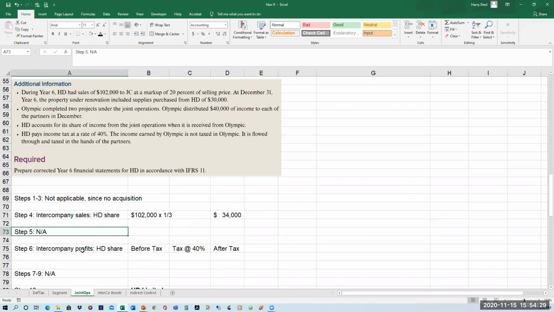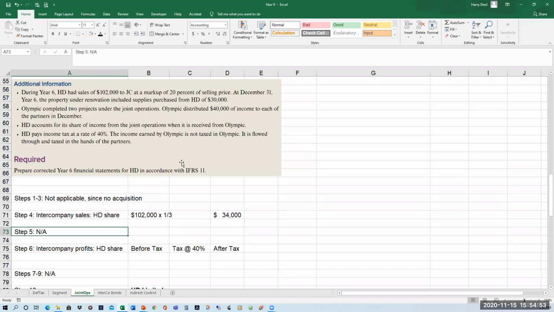Step 6, there is intercompany profit in the supplies, the $30,000 of the supply, the property under renovation included supplies purchased from HD of $30,000, on which there was a markup of 20%. 20% of 30,000 gives a total profit of $6,000 before tax.